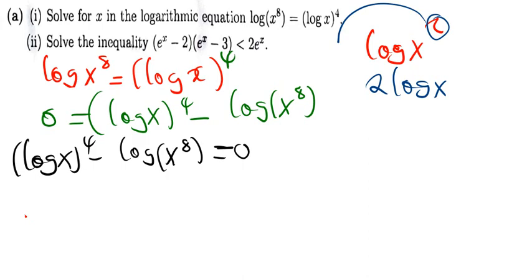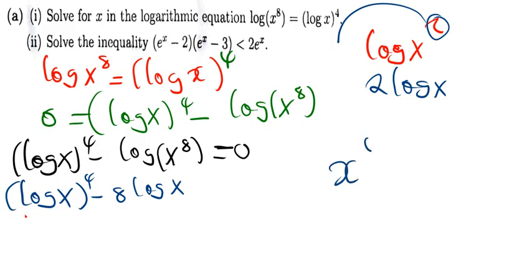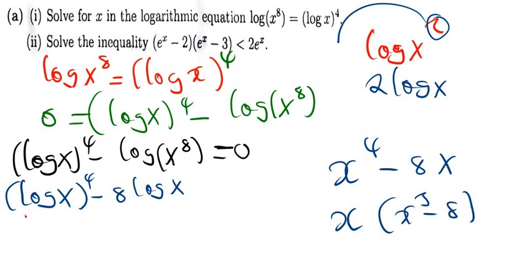So I'm going to say this is log x to the power 4 minus, I'll shift 8 to the front, 8 log x, like that. Now I can see that this is the same as x to the power 4 minus 8x. The best thing I can do is factor out x. Then it will be x to the power 3 minus 8, is equal to 0.